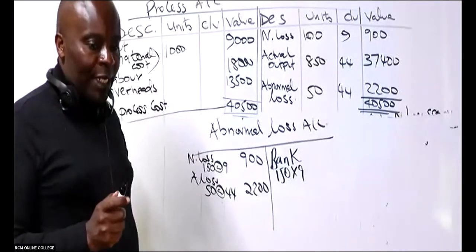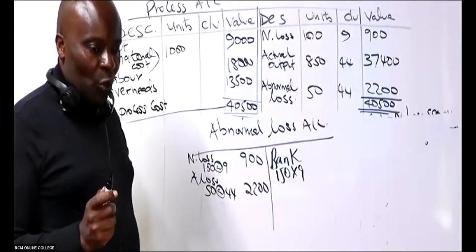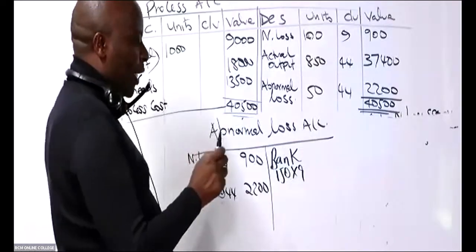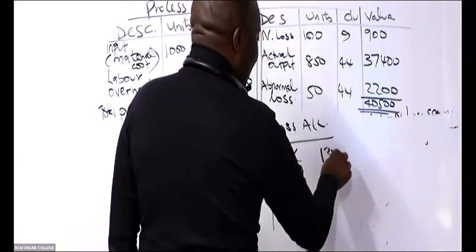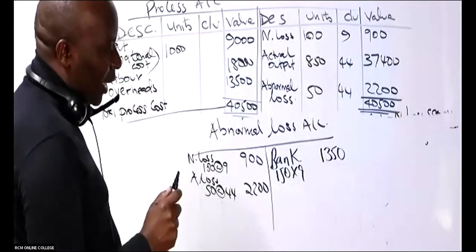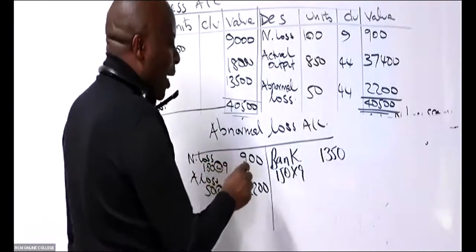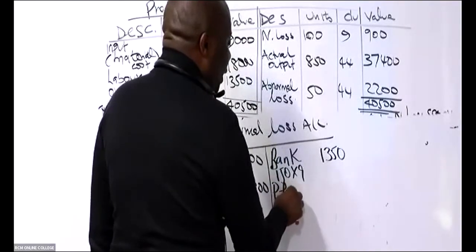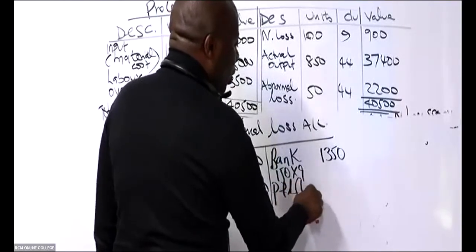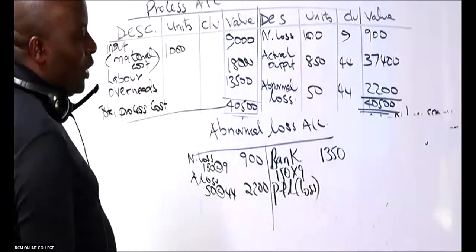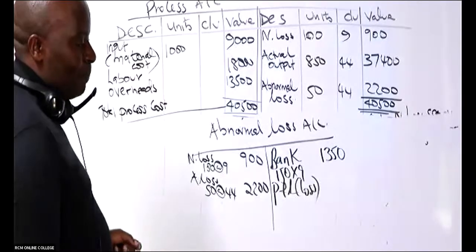So 150 times 9. I'm being given a figure of 1,350. So meaning that the gain we are going to make, this will be a loss. The loss here, we shall take to the P and L. The loss on disposal will be the balancing figure.